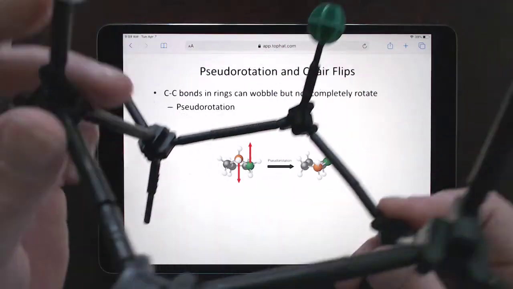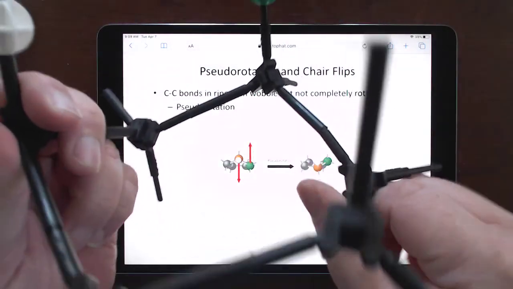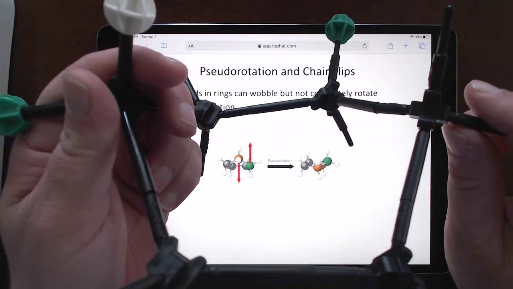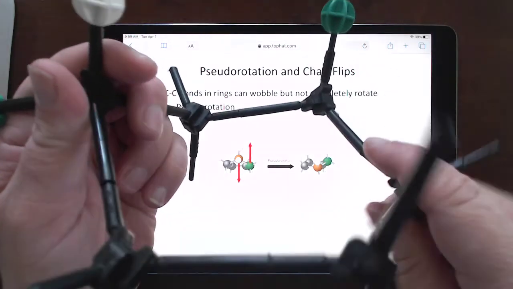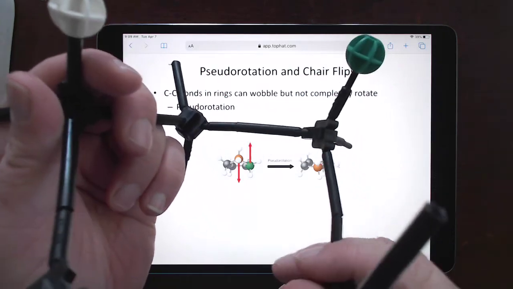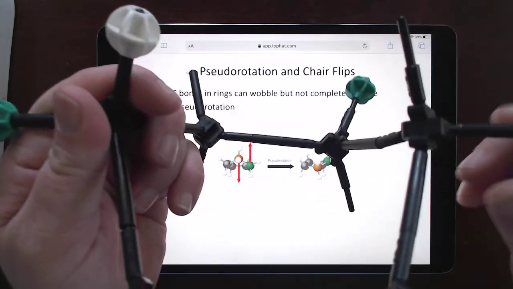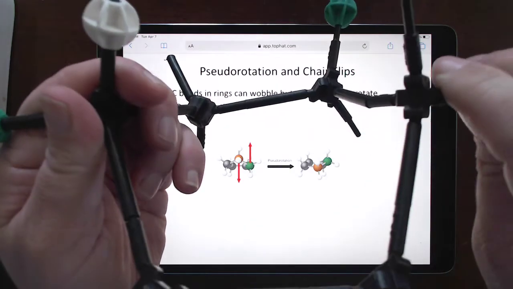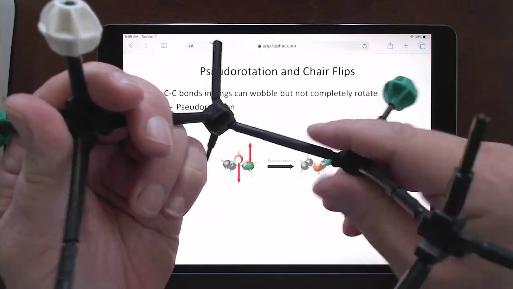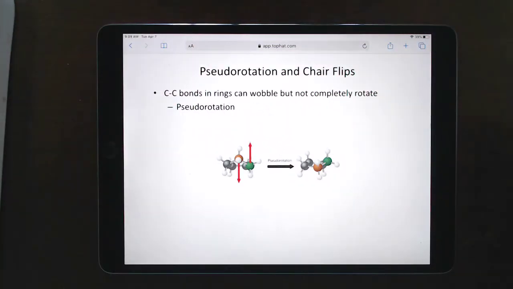This is where this chapter and the next chapter are good for having a model kit. We can wiggle it back and forth like this, but it can't go all the way. So all these carbons can do this, and that's what's called a pseudo-rotation.